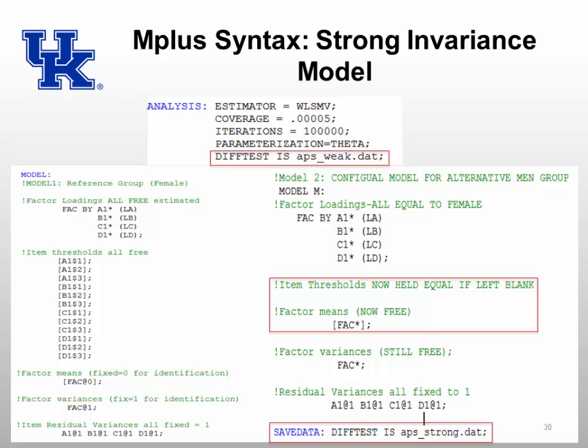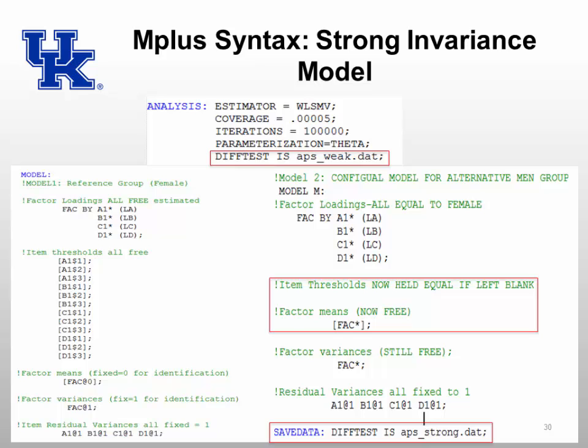Again, the part highlighted in the red square is where we changed the test to the weak invariance model. Now we test strong against weak. At this step, all the item factor loadings are still constrained. But for model M, the focal group, we set the thresholds to be equal to the reference group.